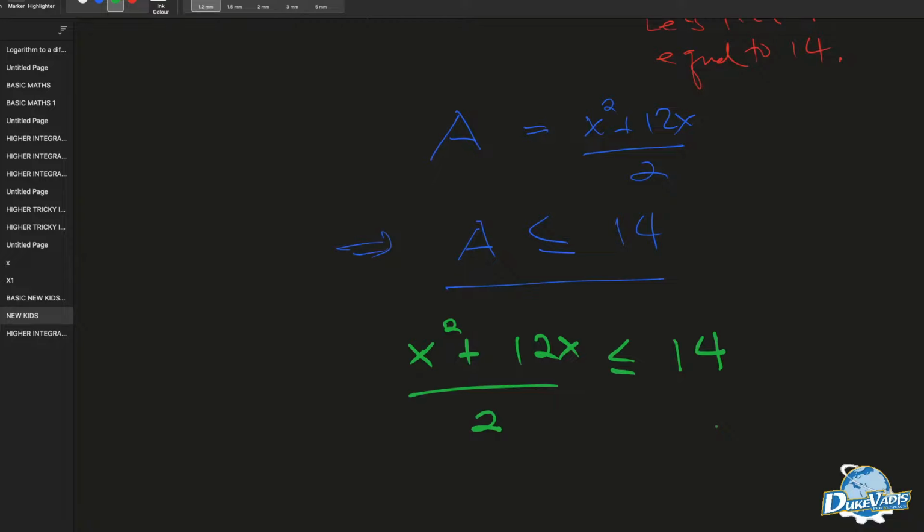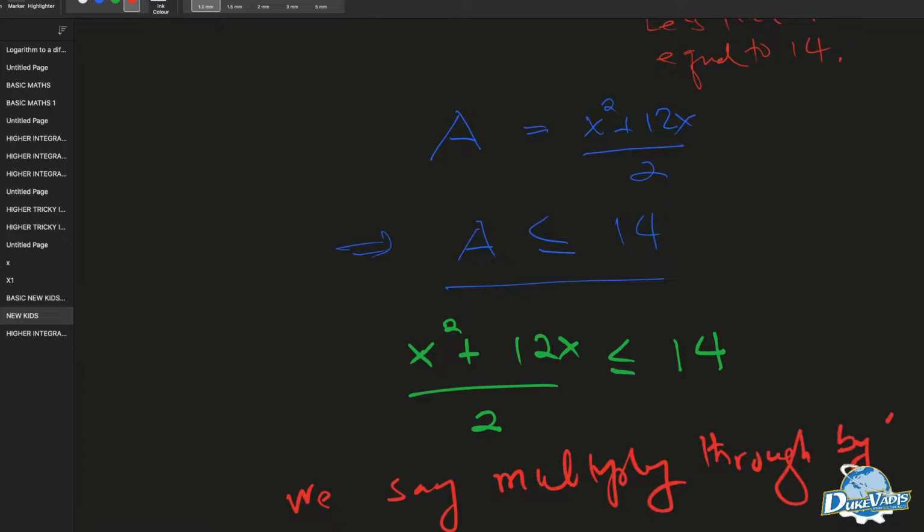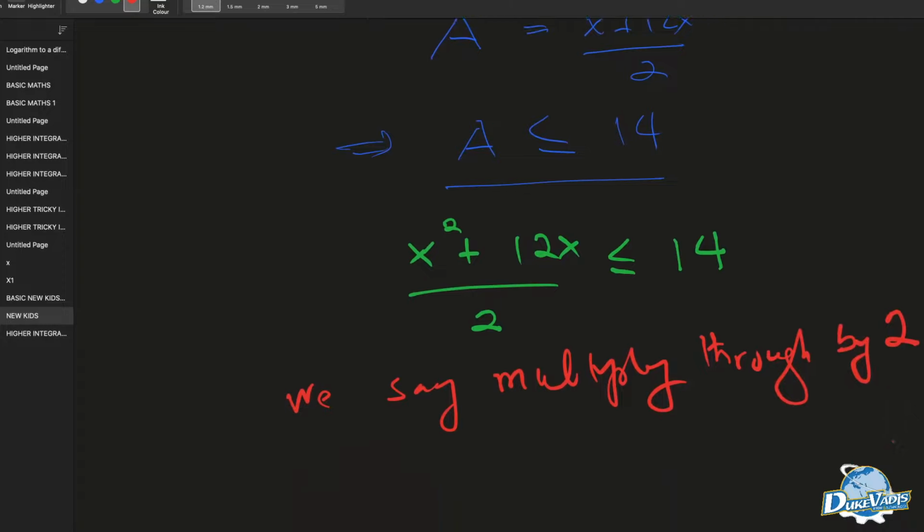So I would suggest, first of all, we need to multiply the equation through by 2, the denominator.